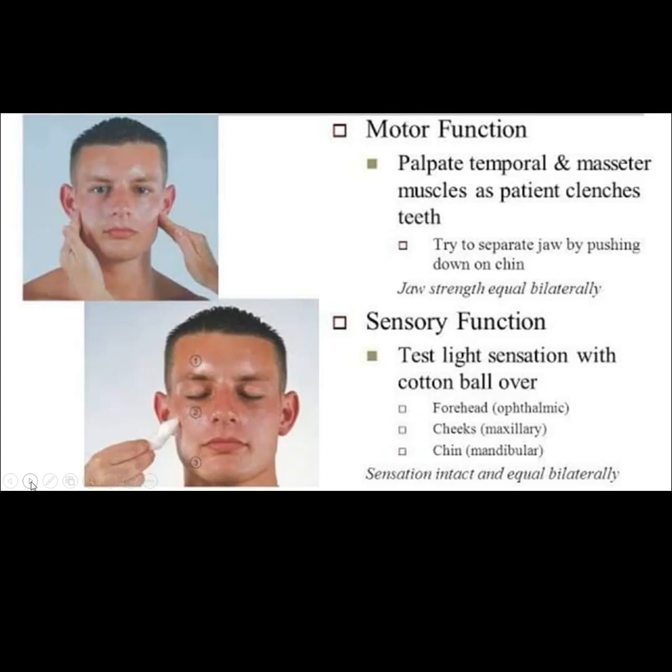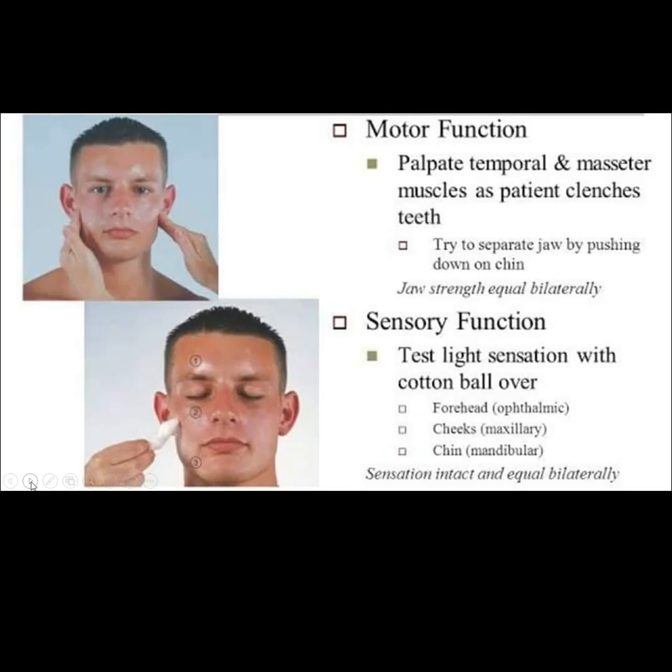It should be equal on both sides of the forehead, cheeks, chin, etc. And then you can also do dull and sharp. You could take, maybe, the end of a safety pin and see that they can sense something that's more sharp. So sharp and soft.